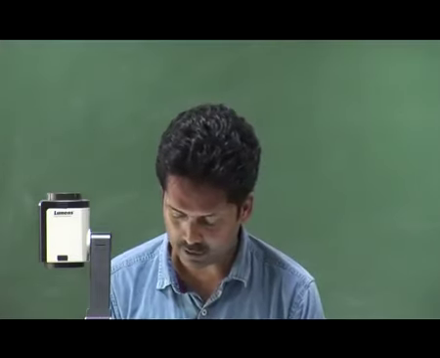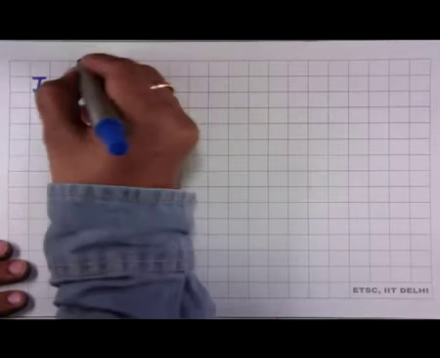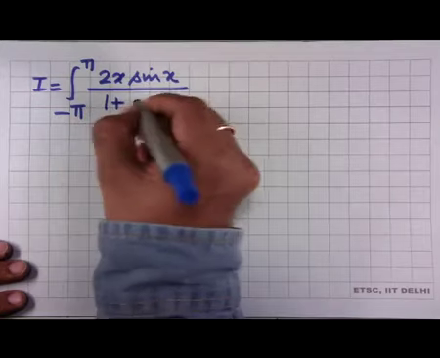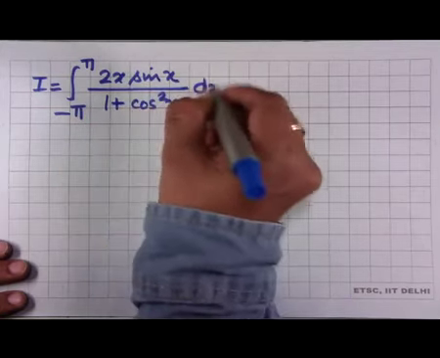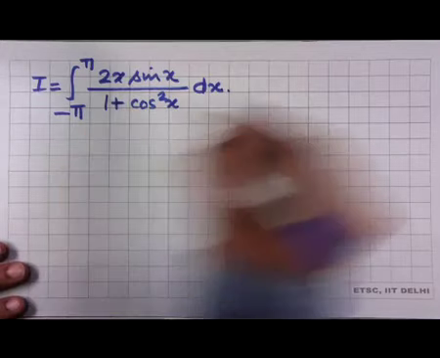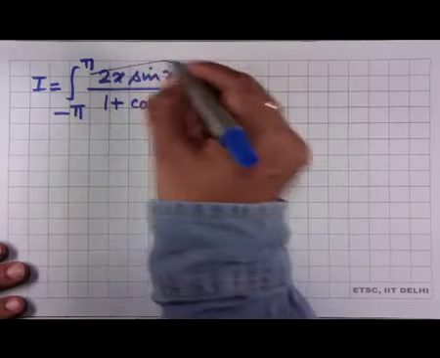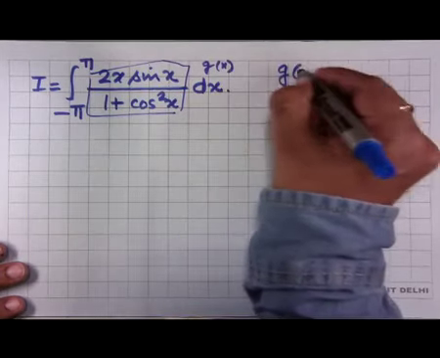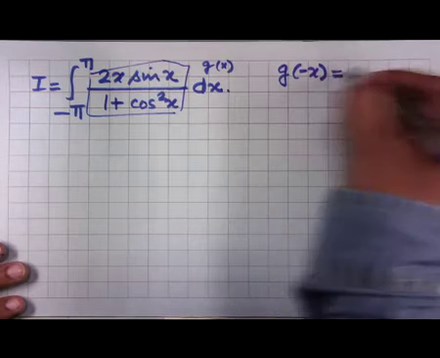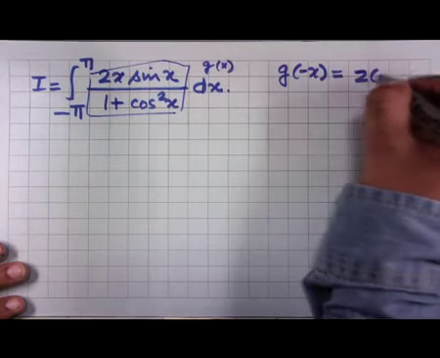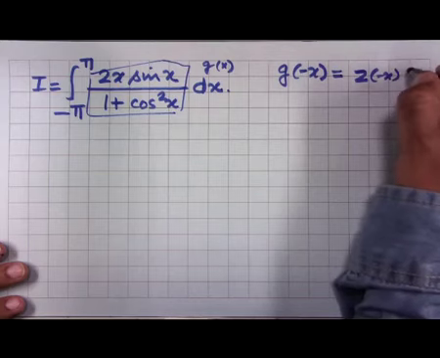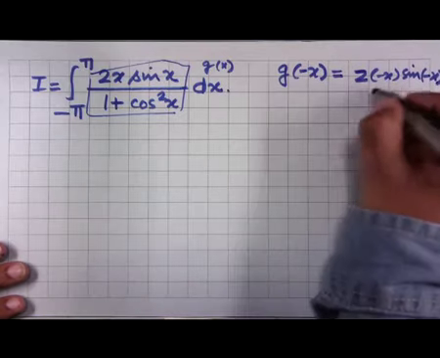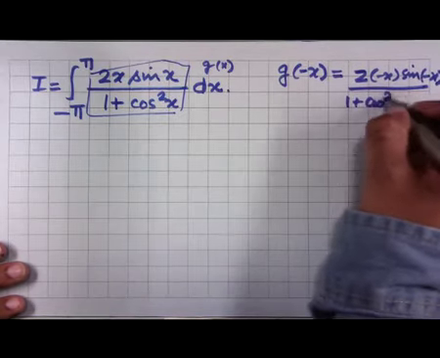Finally, you arrive at this integral. So your I is minus pi to pi 2x sin x by 1 plus cos square x dx. Now this, as we said, is gx. Gx is an even function, because if you put minus x over here, you get 2 minus x, sine of minus x by 1 plus cos square minus x.